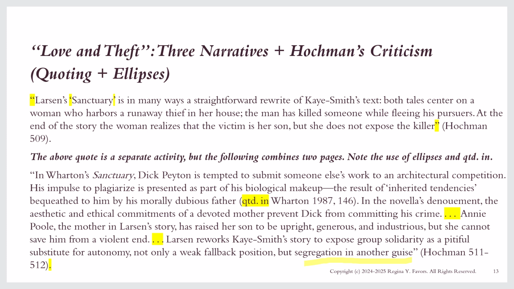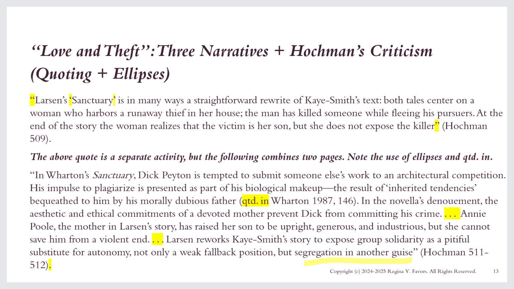So why criticize something that she has to maintain anyway? Now, the moral dilemma is in turning someone in, whether or not each party falls under Jim Crow law. Annie Poole should have turned in Jim Hammer.